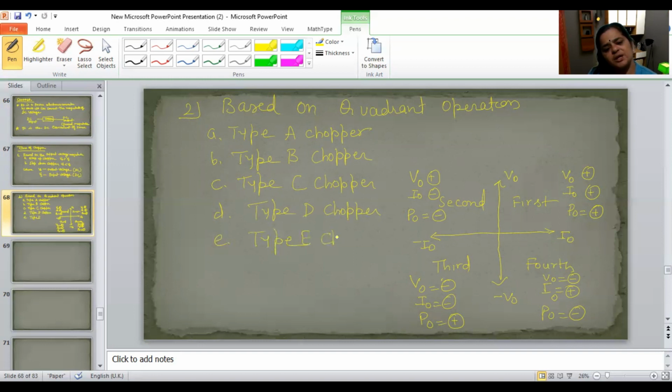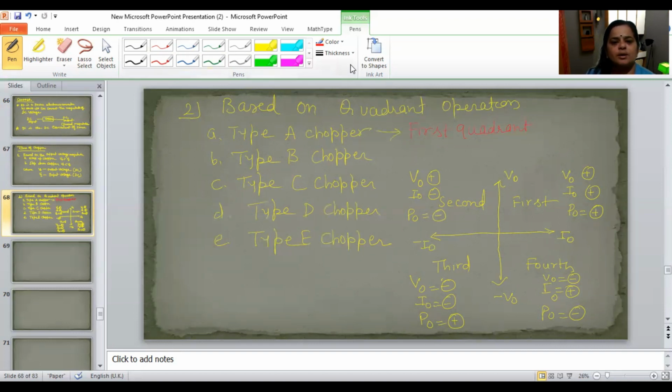This classification is based on quadrant operation. Type A chopper basically operates in the first quadrant, which means positive load voltage, positive load current, and positive power.